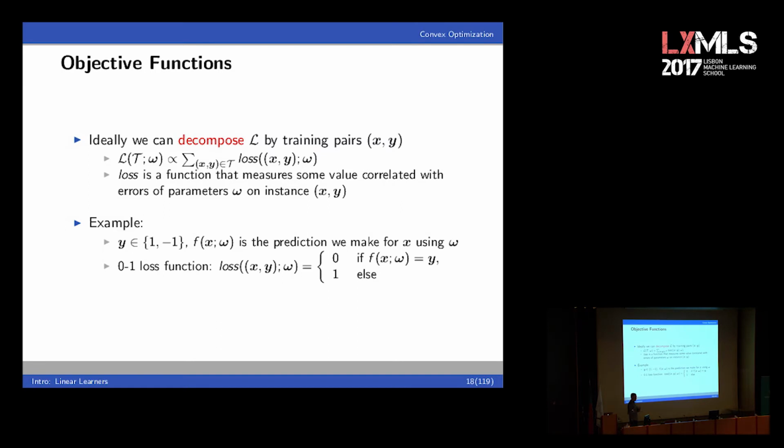The objective functions are not of that much interest anymore. I think there has been a lot of work on that already. But I will show you a slide later on where you can see what the different approximations, convex upper bounds on the 0-1 loss functions, are.